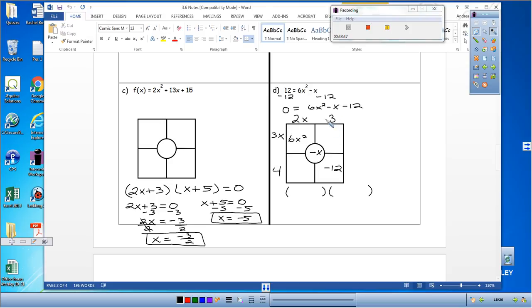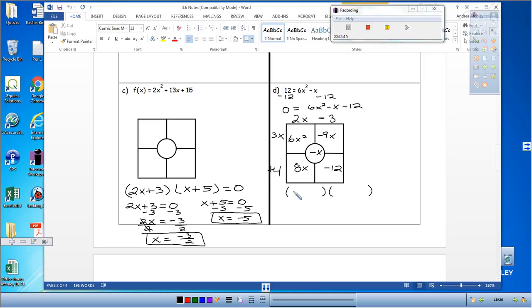Okay, so what goes here is 3 times 3, which is 9x's. What goes here is 2 times the 4, which is 8x's. If I subtract them, do I get 1? And then which one needs to be negative? Very good, the 9 needs to be negative. And the 4 needs to be positive.